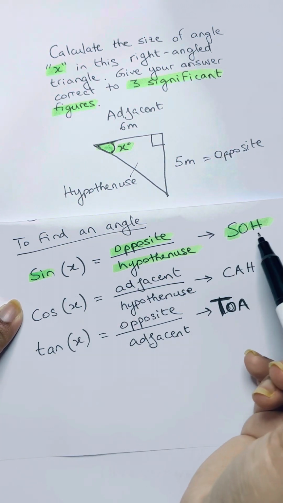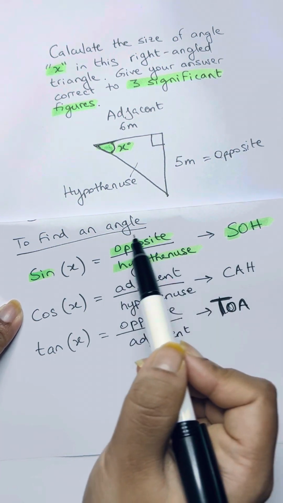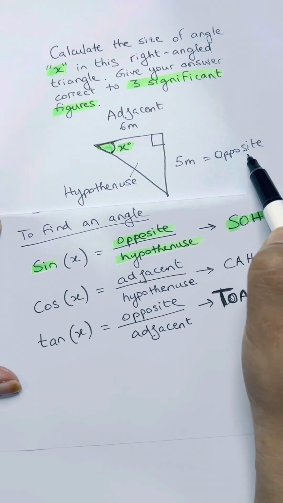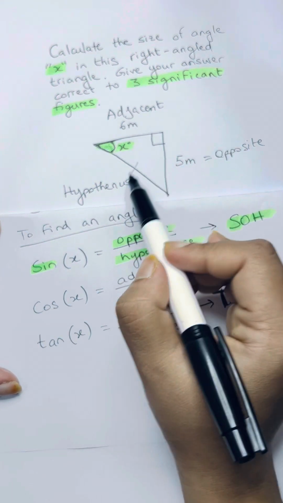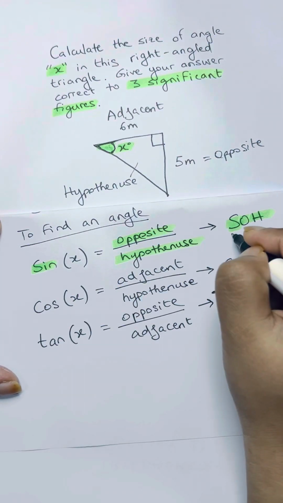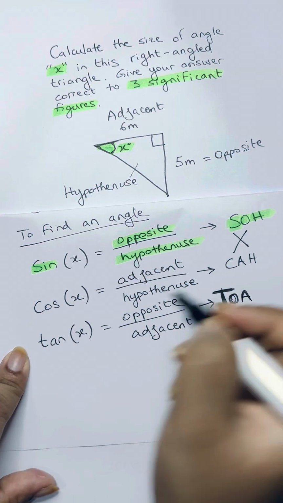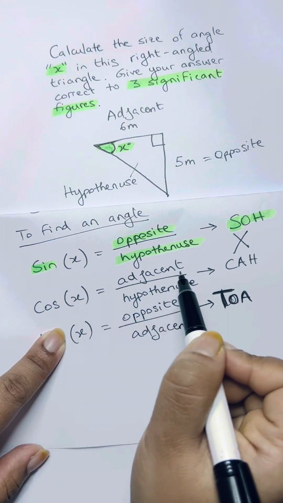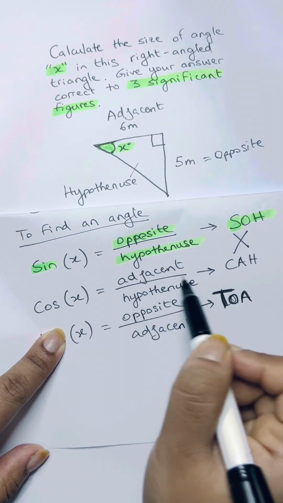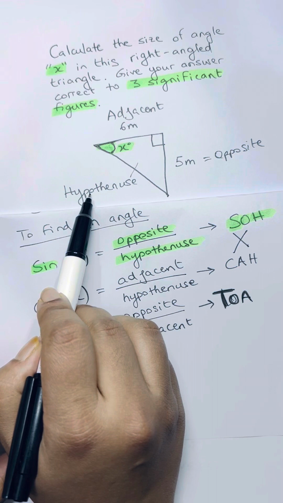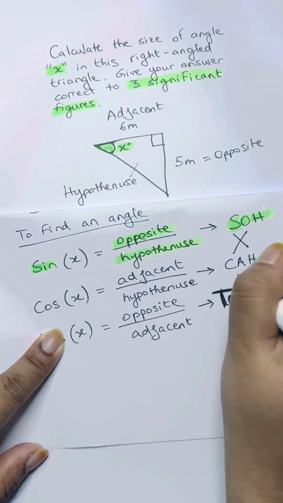In order to use SOH, we need to have the opposite and the hypotenuse. I do have the opposite here, but I don't have the hypotenuse value. I have the adjacent value. So I can't use SOH. Can I use CAH? Let's try. I need to have adjacent and hypotenuse. I do have adjacent, but I don't have the hypotenuse value. So that's no.